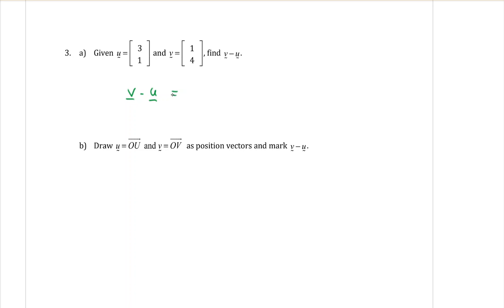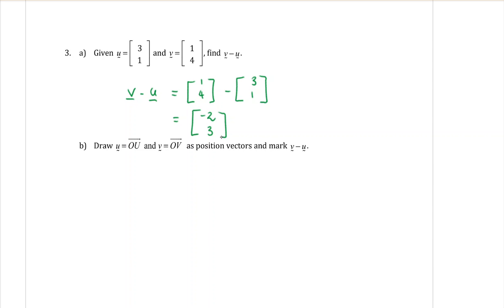I want to do vector v, which is (1, 4), and subtract vector u, which is (3, 1). Remember the top are the x values, so just subtract the top. 1 take away 3 is negative 2. And then subtract the y's as well. 4 take away 1 is 3. And that would be my vector.